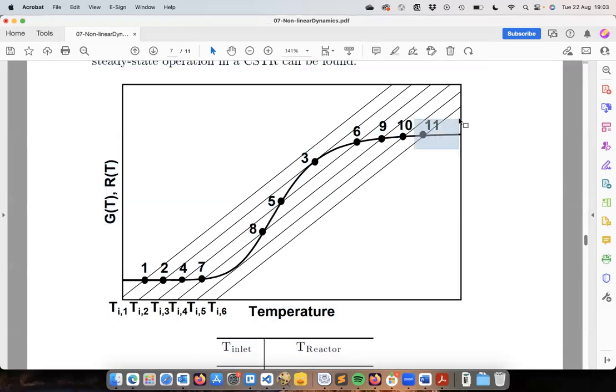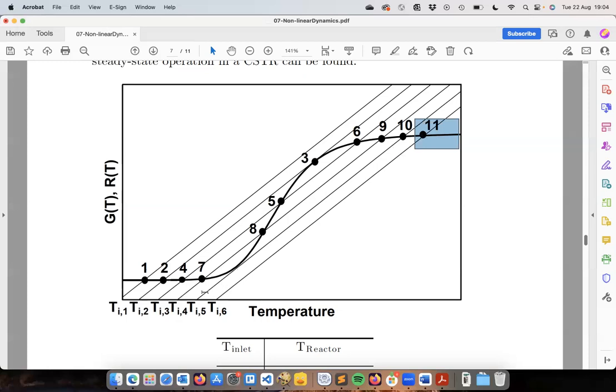So remember when we started out, for temperatures starting in this region, we had just one steady state. And we can see if we have a greater inlet temperature, again, we will have just one steady state. So there is a region, which is TI5, where we transition from having 3 available steady states to just 1 available steady state.